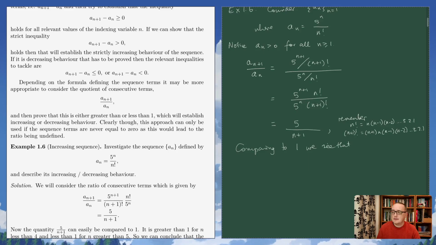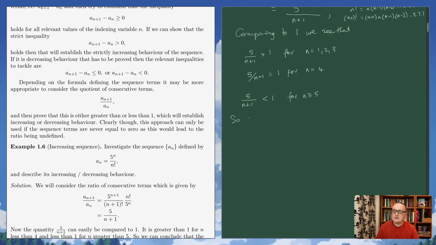we see that 5 over n+1 is going to be greater than 1 for the first few values of n: greater than 1 for n equals 1, 2, and 3. It's equal to 1 for n equals 4. But beyond that, once n reaches 5 or beyond, this number is going to be strictly less than 1.